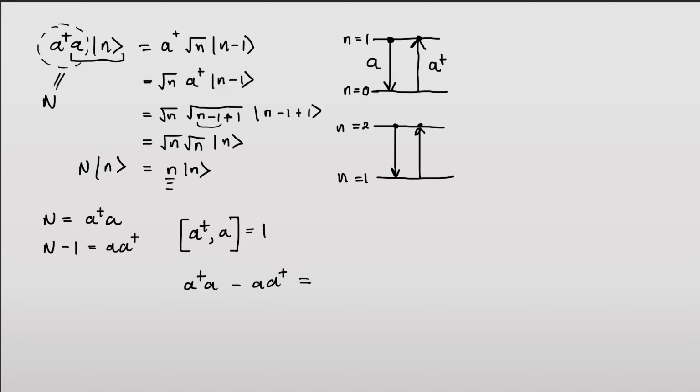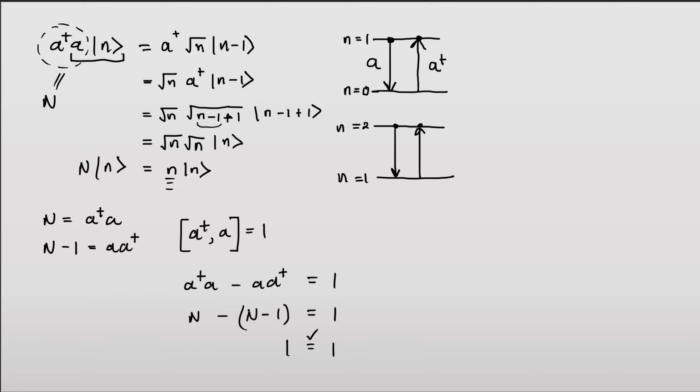Let's see if that equals 1. So what is that? This is the same thing as n. This is n. So this should equal 1. Right, so let's see if that equals 1. So this is n, and this is n minus 1. Now you can see it does equal 1 because n minus n is 0, and this minus distributing to this negative sign right here is going to be positive 1, so 1 equals 1.